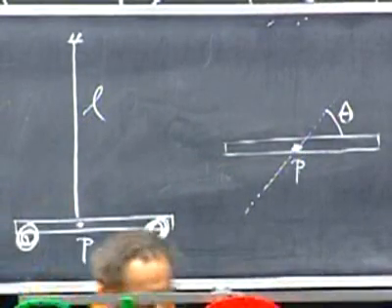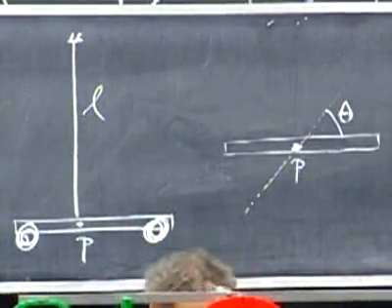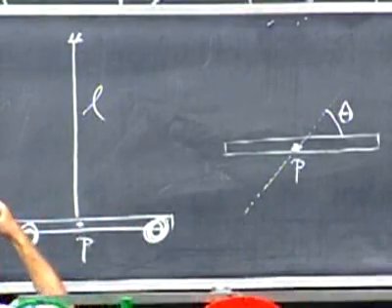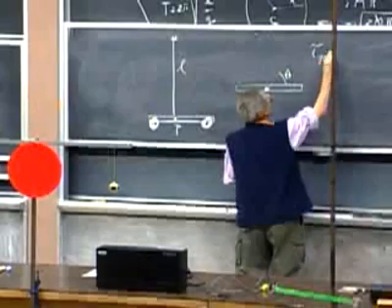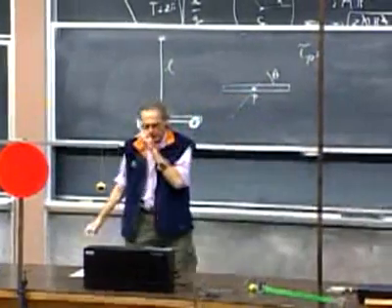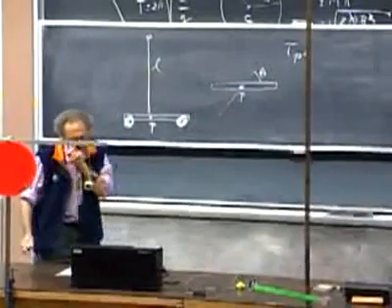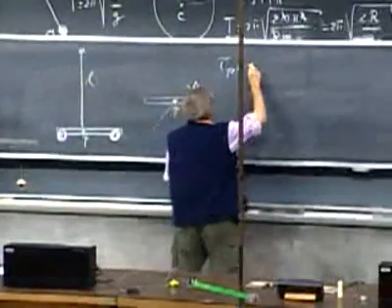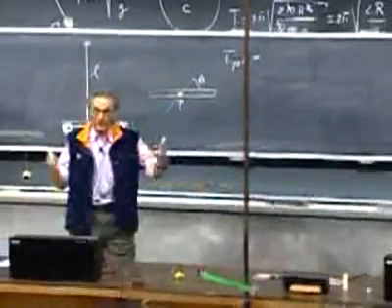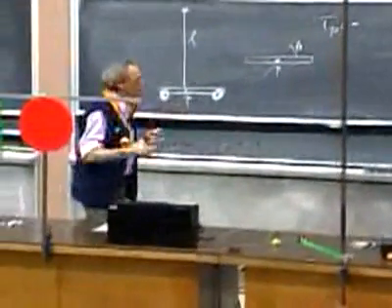The torque relative to point P is now very similar to what we had with a spring. We have a minus sign. Again, that illustrates that it is restoring.